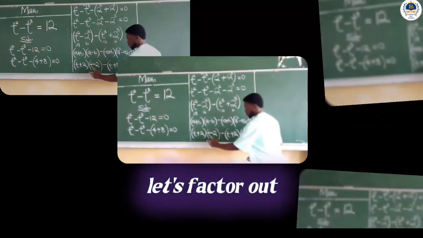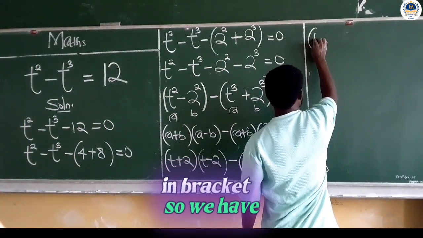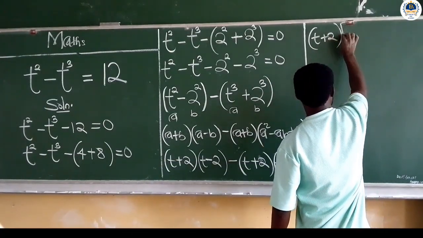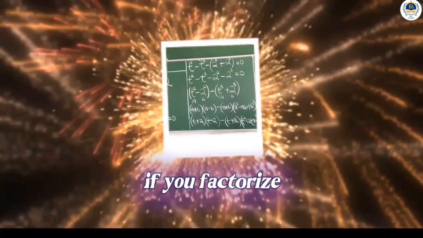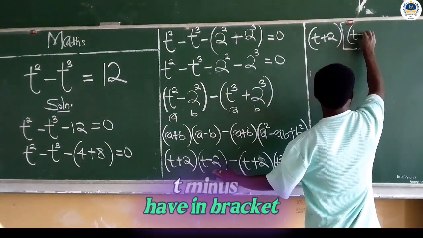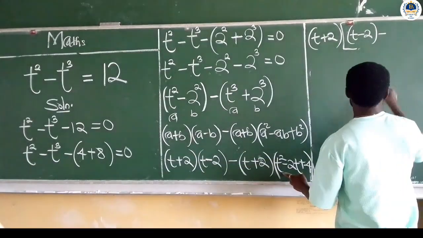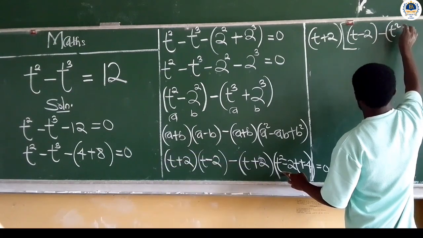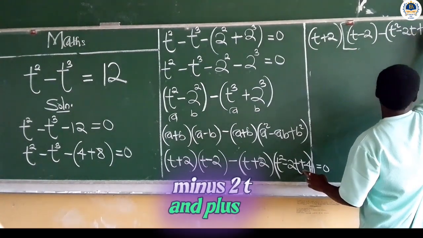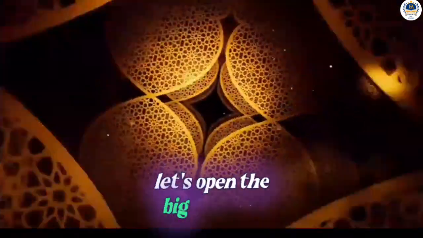Let's factor out t plus 2. So we have in bracket t plus 2, bracket close. If you factorize, you are going to have in bracket t minus 2, bracket close, minus t squared minus 2t plus 4, which equals 0. Let's open the big bracket.